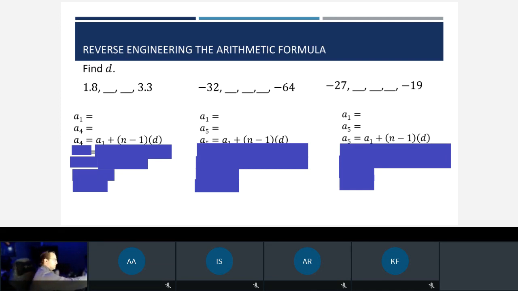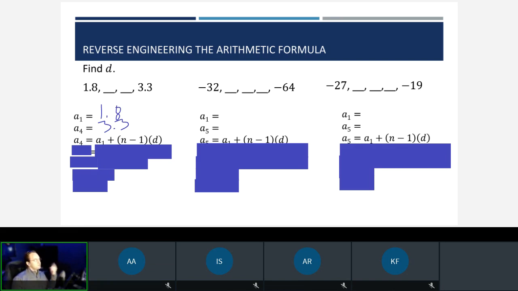So 1.8. What is the fourth term? 3.3. Yeah. So we're going to have to derive.